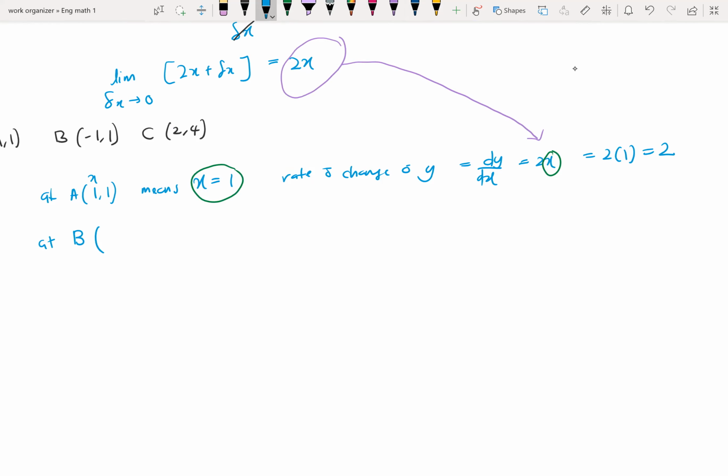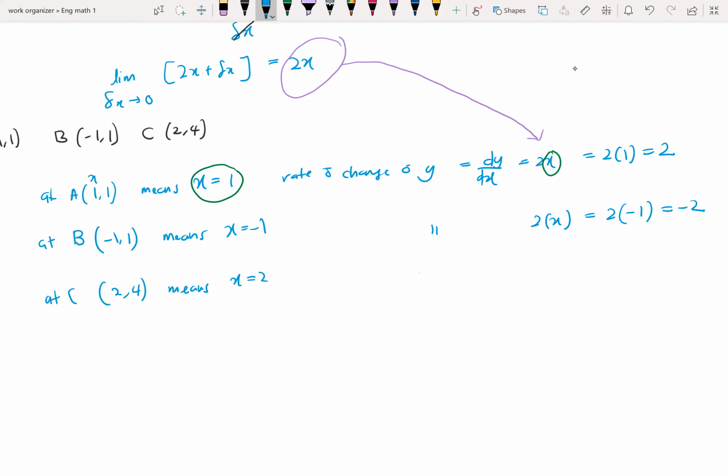At B, (-1, 1) means x is negative 1. Same process: 2x, we replace x with negative 1, so it will be negative 2. Then at C, (2, 4) means x is 2.